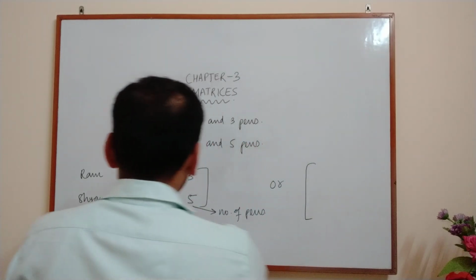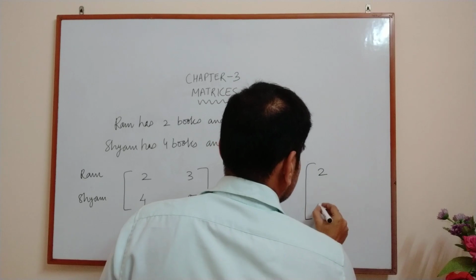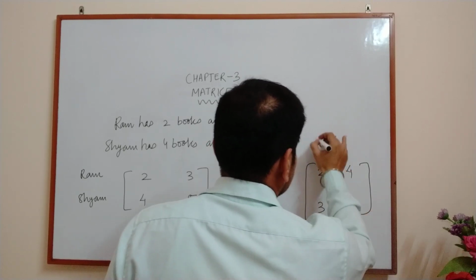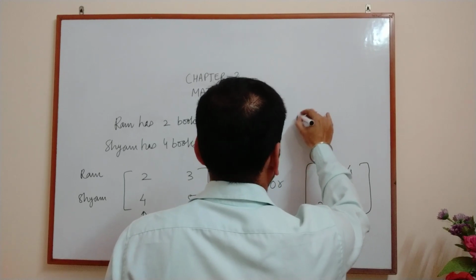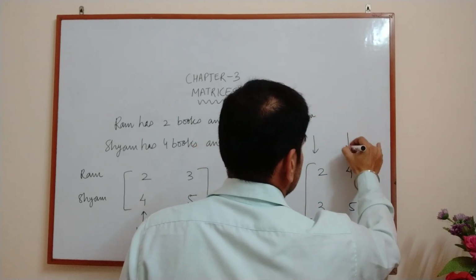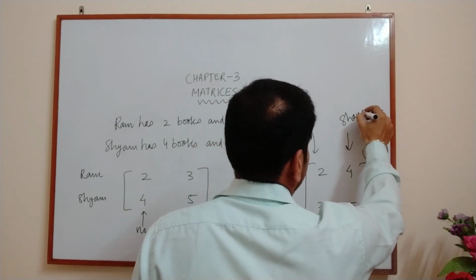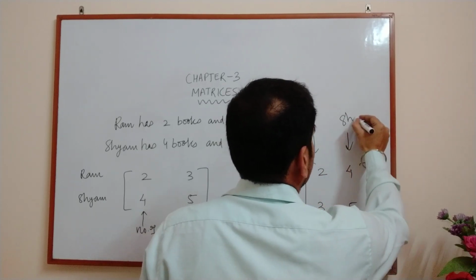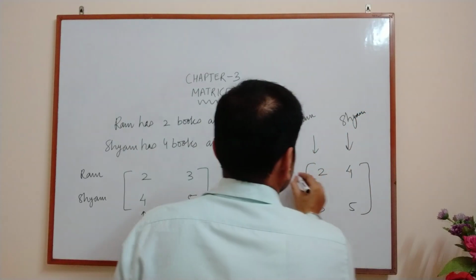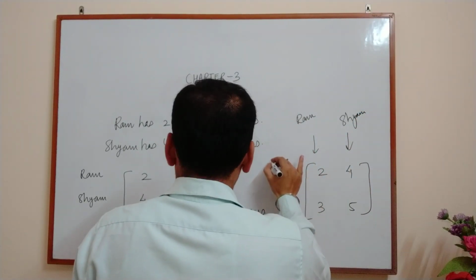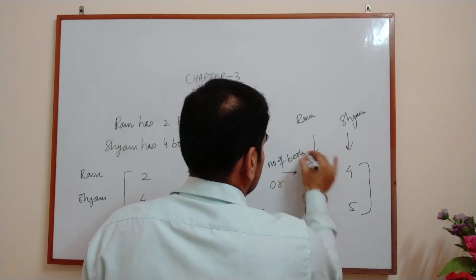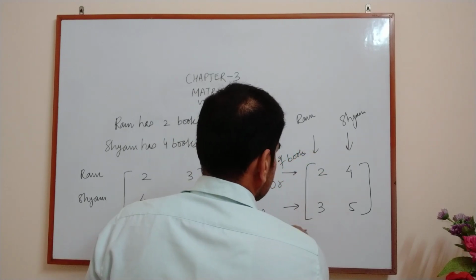In vertical fashion we have 2 and then 3, this is 4 and then this is 5. So here this is the detail of Ram, this is the detail of Shyam, this is about the number of books and this is about the number of pens.